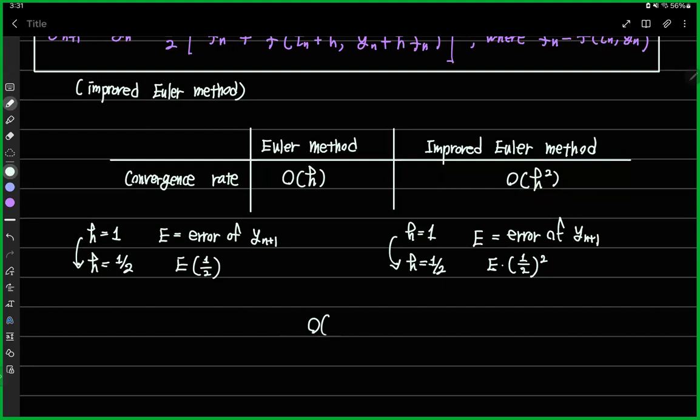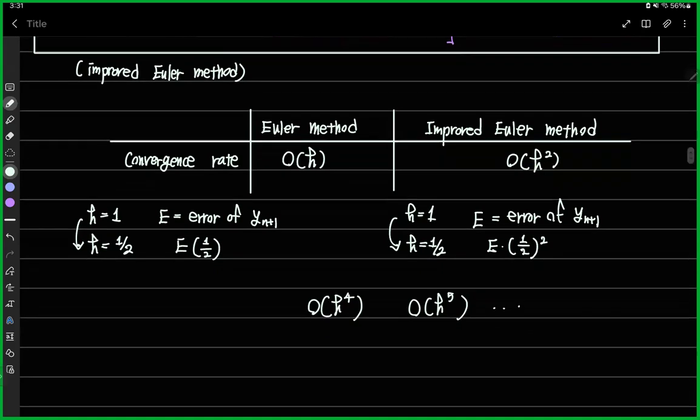There is big O of h to the fourth, maybe h to the fifth, maybe more. But it comes at a cost, maybe more computation or more restrictions. We talk about this in a numerical methods class.